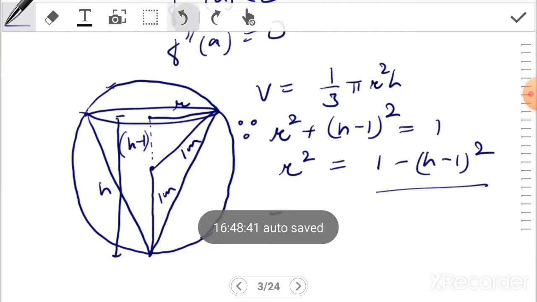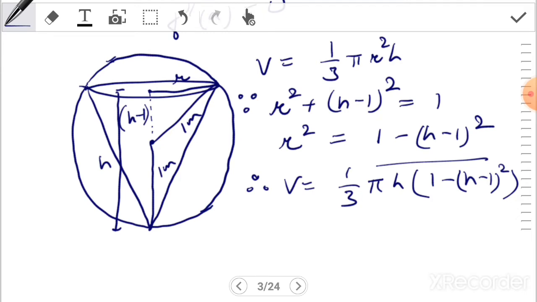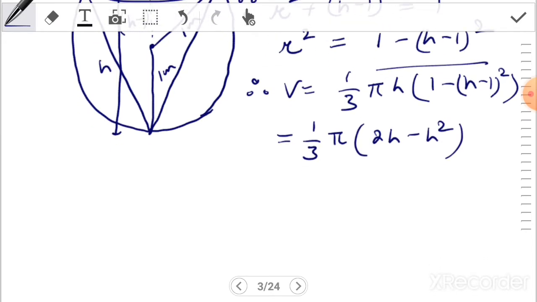So V is equal to 1 by 3 pi h times (1 minus (h minus 1) whole squared). This will be equal to 2h minus h squared if you simplify, right?